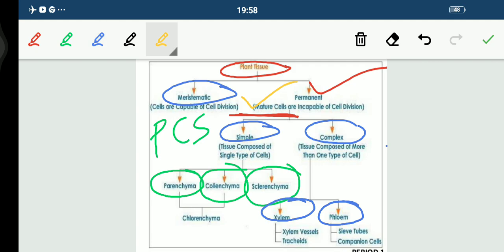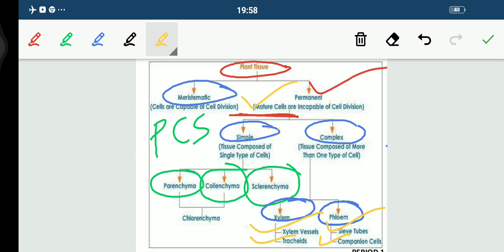Now xylem has some components like xylem fiber, xylem parenchyma, xylem vessels, and tracheids, right? Similarly, students, talking about the phloem, it also has some components like sieve tubes, companion cells, phloem fiber, and phloem parenchyma, right?